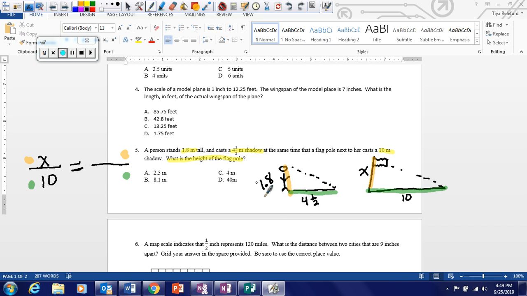What number is orange over here? So that's going to go on top where the orange is. What number is green? That's going to go on bottom. Can you change 4.5 to a decimal? Absolutely. And that might make it easier, especially since our answers are in decimal form.